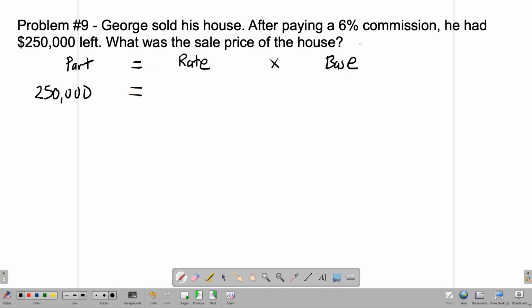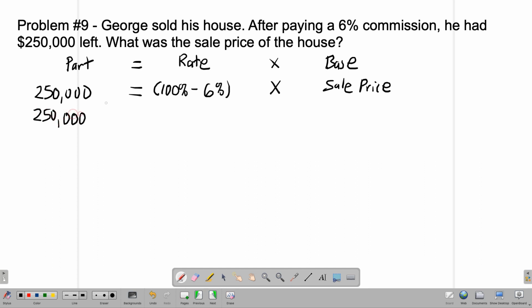Now, after paying a 6% commission, we want to look at a theoretical solution here. So it's 100% minus 6%. And then we're trying to determine what is the sales price. All right, so let's rewrite the equation.